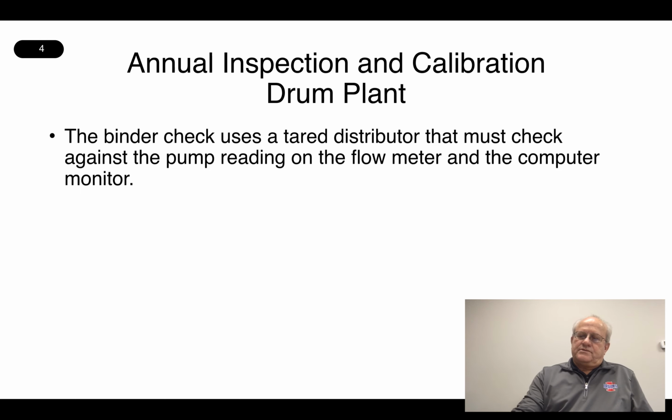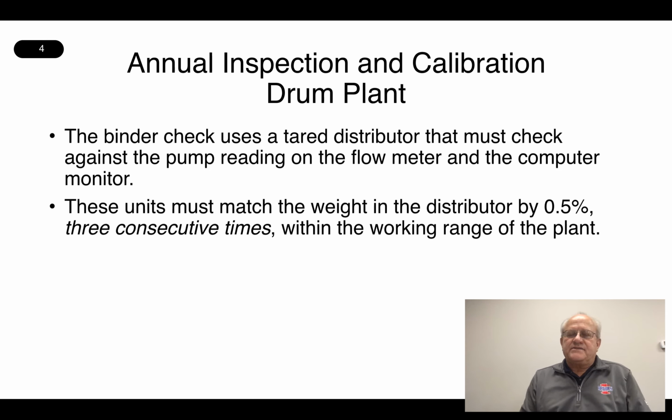What you'll do is get all your asphalt flowing well, and tell it to start injecting asphalt into the distributor or into the tank. Then when you shut it off, you'll check the amount that the computer thinks it put in the tank against what you actually put in the tank by reading the scale readings. There again, 0.5%, 3 consecutive times.